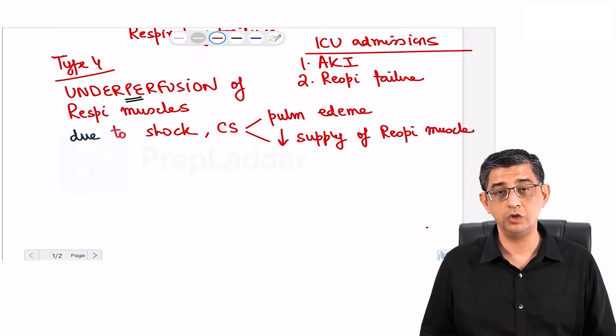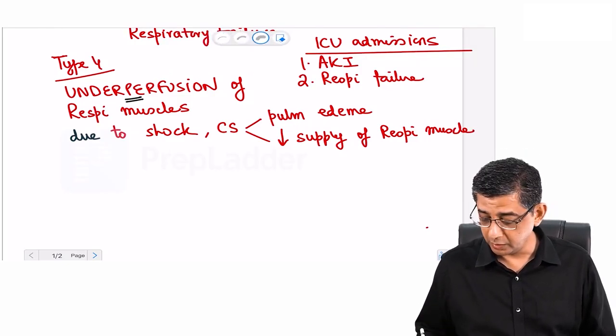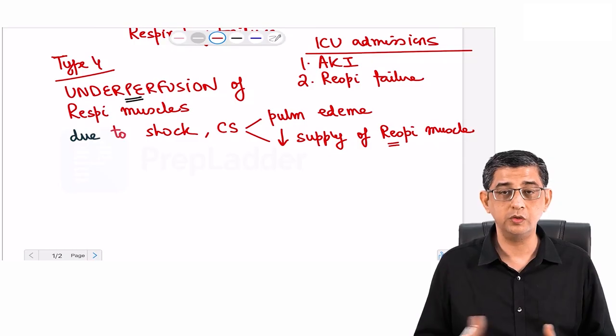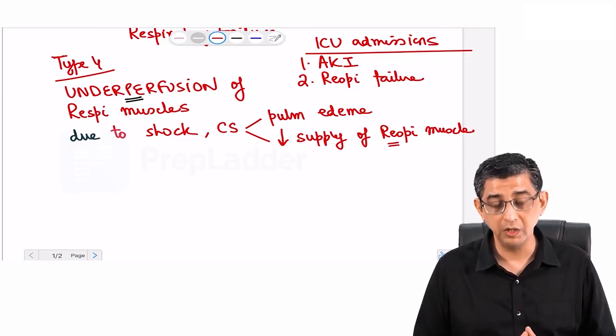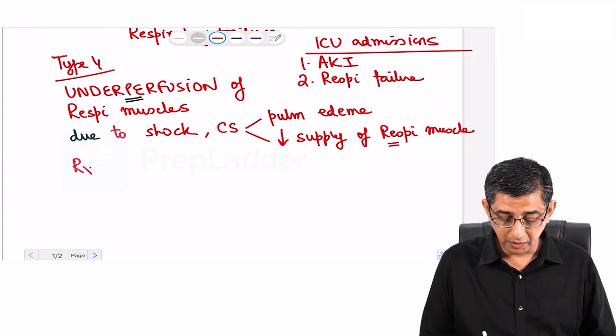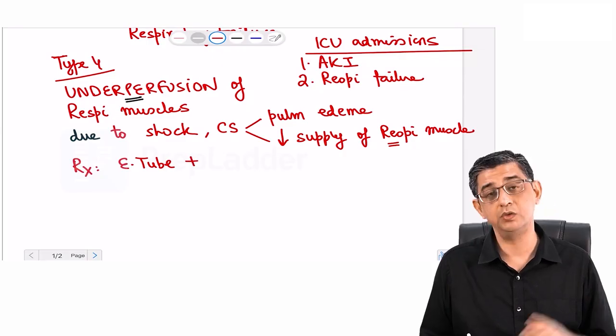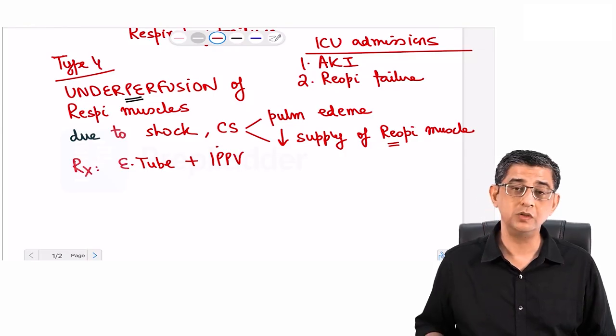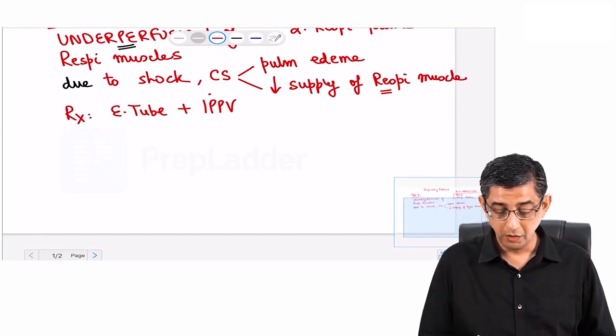Therefore, in cardiogenic shock, you not only have a pulmonary edema component causing hypoxia, but the double insult is that respiratory muscles are also not getting proper supply, so they won't work. That explains why in type 4 respiratory failure you need to electively intubate the patient once the oxygen saturation begins to fall to dramatically low values, and you will have to put the person on positive pressure ventilation.